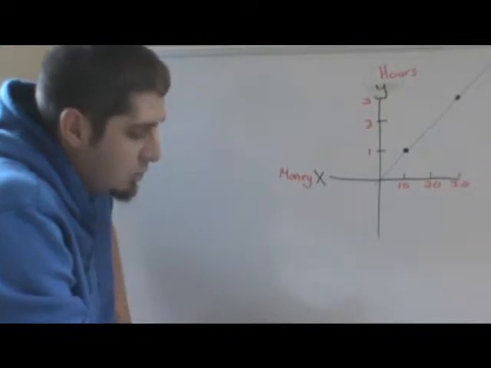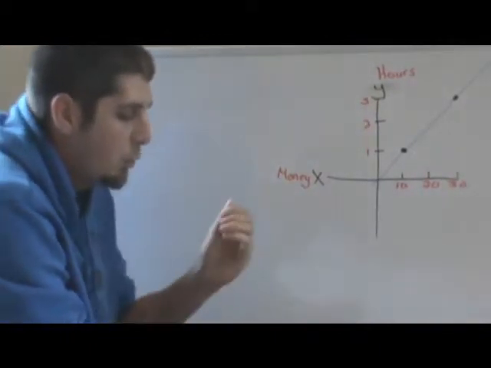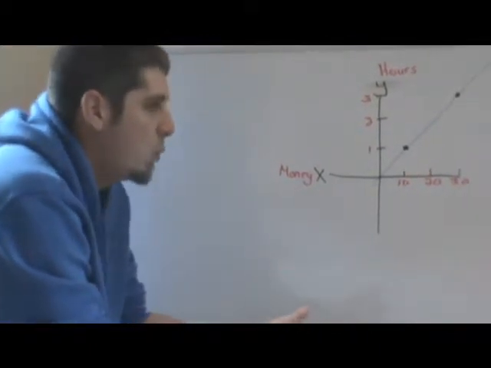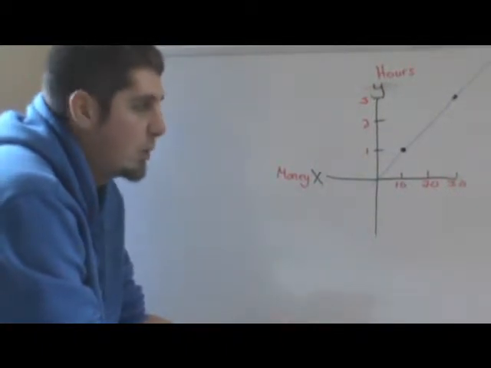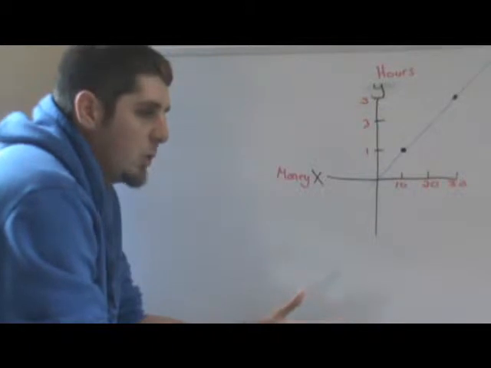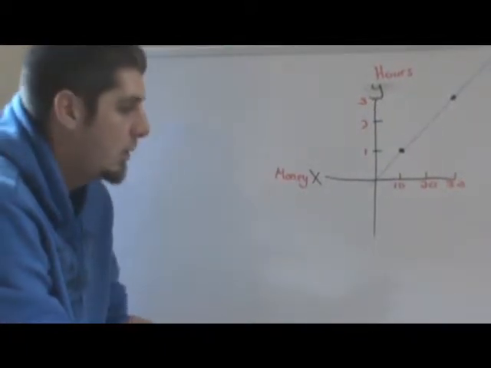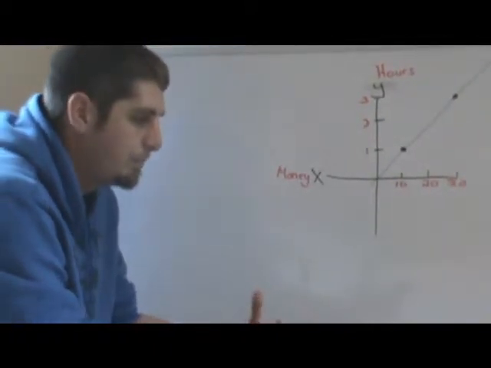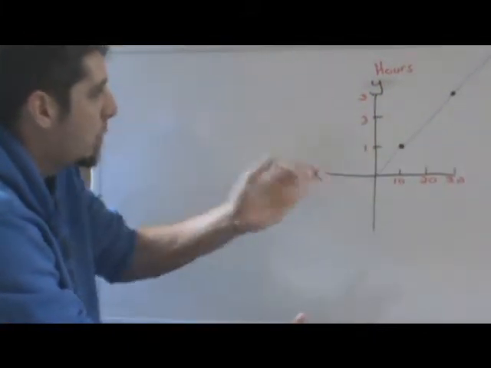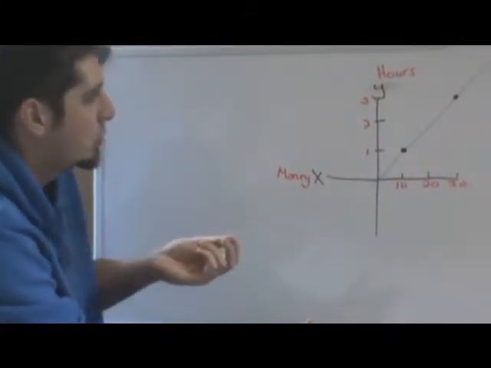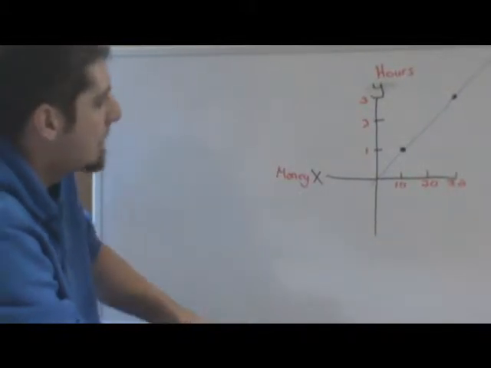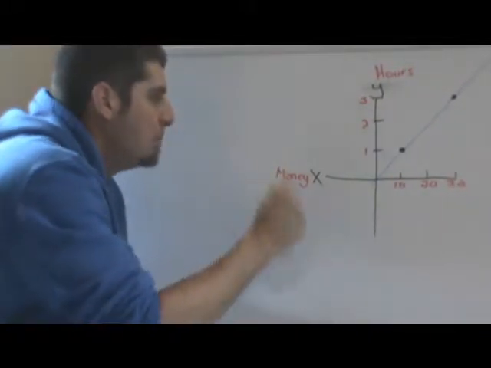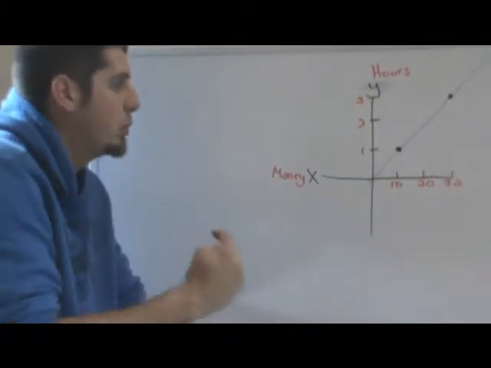So rate of change is just simply a rate that describes how one quantity changes in relationship to another, or in other words, how does one thing change when the other one does. Okay, so for example, what I've drawn on the board is a graph that shows you how much money that one person could make an hour.